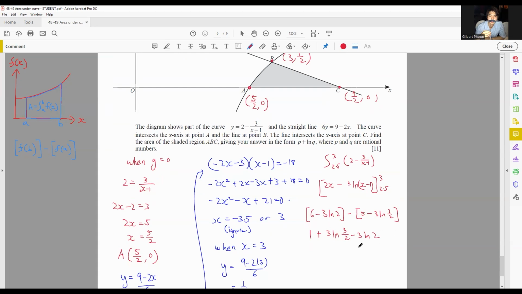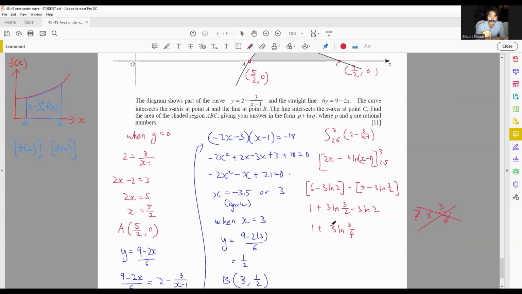Doing it like this, you will be able to get 1 plus 3 ln 3 over 2 divided by 2, that's 3 over 4. The mistake that I can see students making is they're going to use 2 plus with 3 over 2, then think that it is actually 2 times 3 over 2, then negative, which gives you just negative 3. This will be wrong. So I advise you to put the plus symbol in front first, then only minus the 3 ln 2.